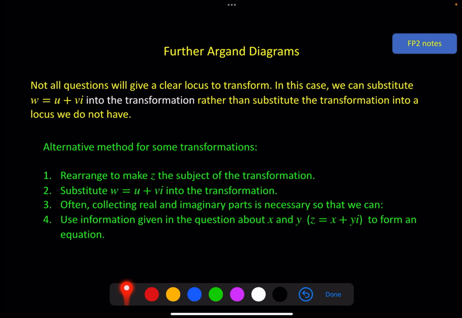The alternative method then is to start the same way, rearrange to make z the subject, then substitute w equals u plus vi directly into the transformation.